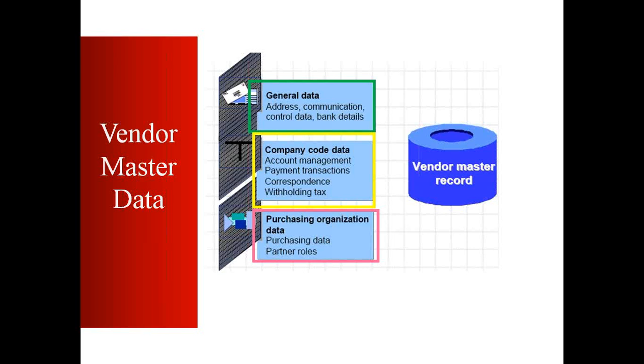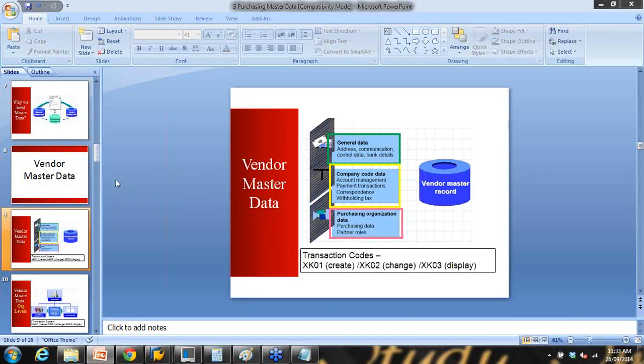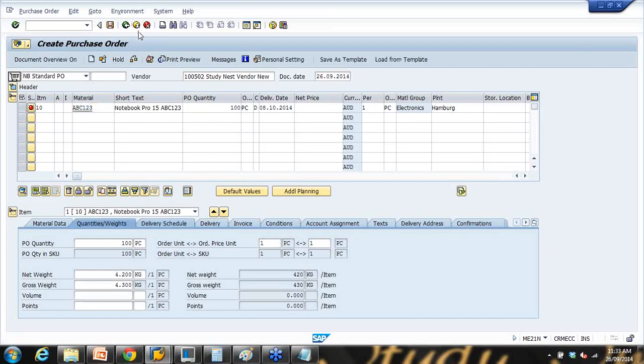So let's see how we can create a vendor master. The transaction code to create a vendor master is XK01, XK02 to change it, or if you want to display, XK03.